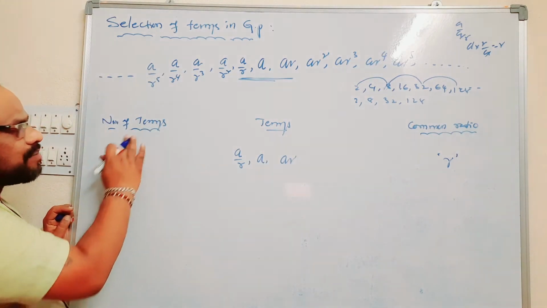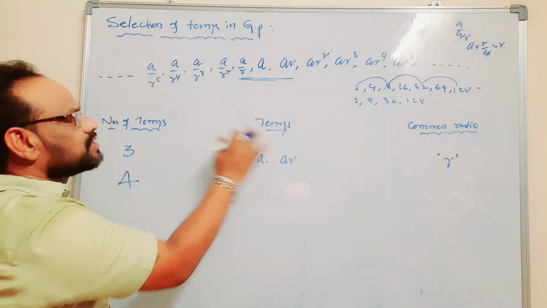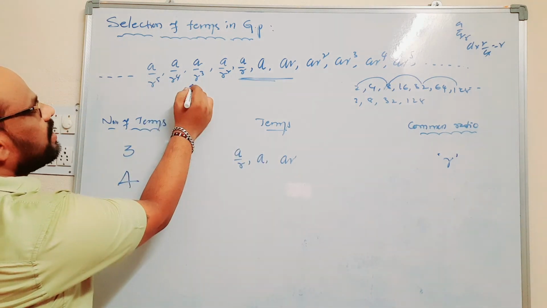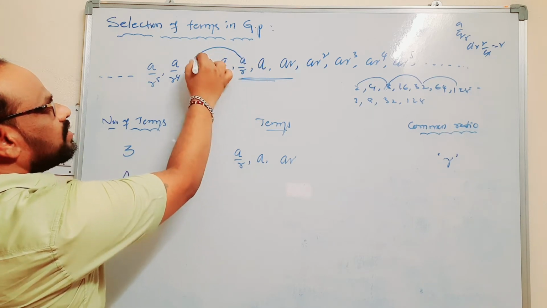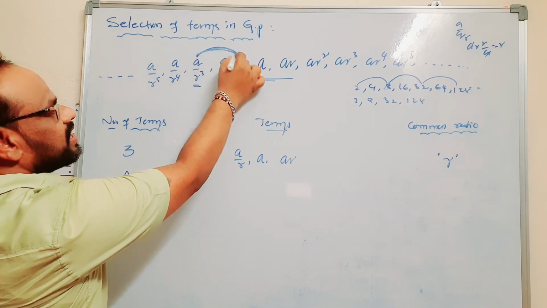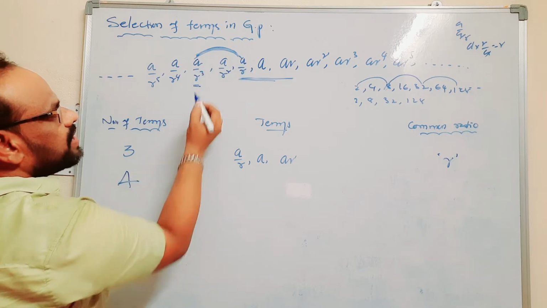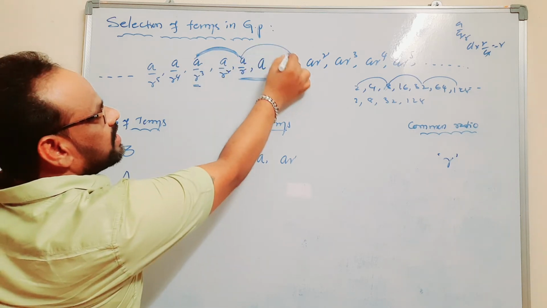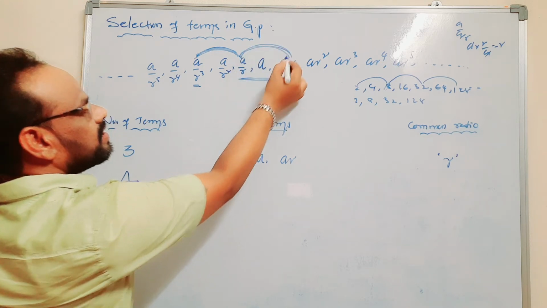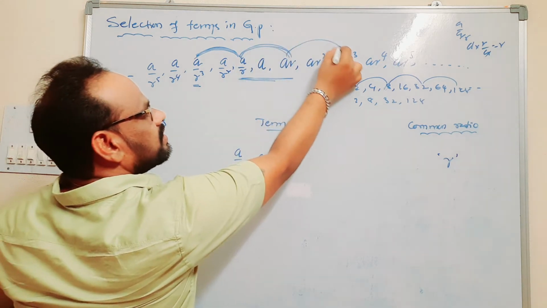if we want the number of terms as 4, the terms may be chosen at a regular interval: A by R cube, A by R, AR, leaving the next term, and AR cube.